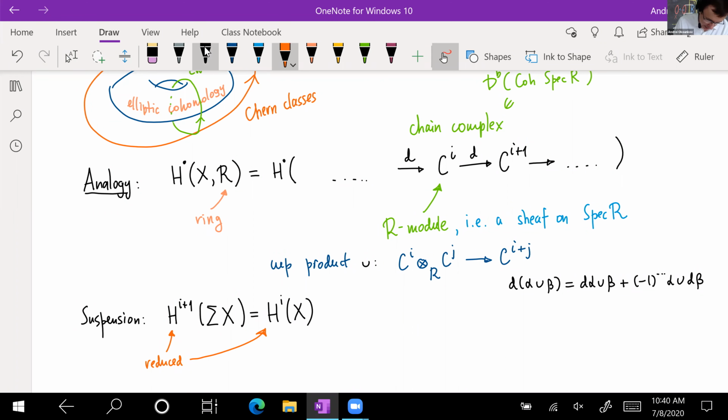And so also there are various properties like Mayer-Vietoris, etc., which we'll discuss in a second.